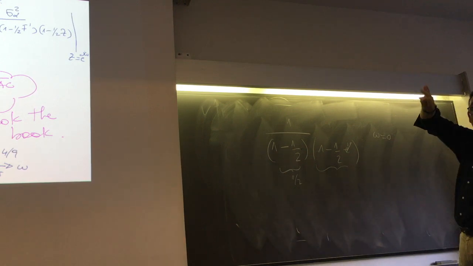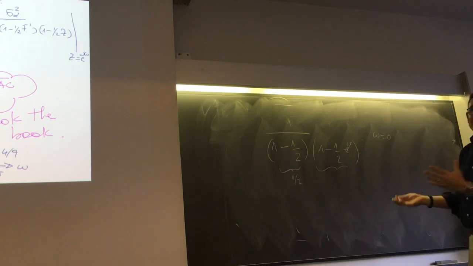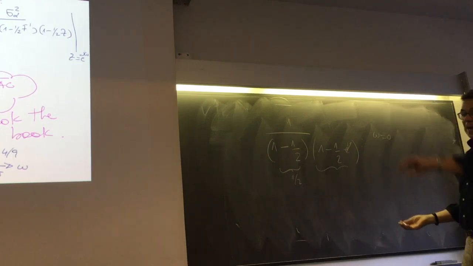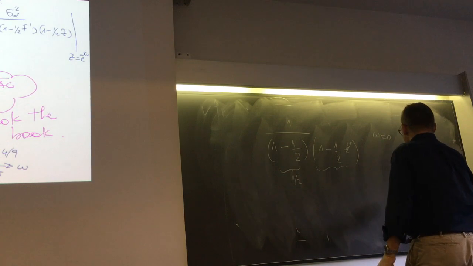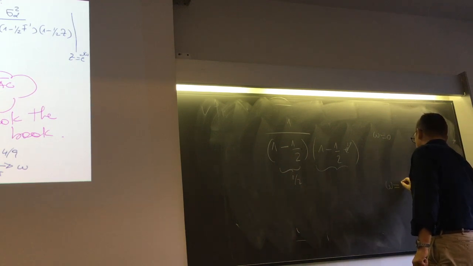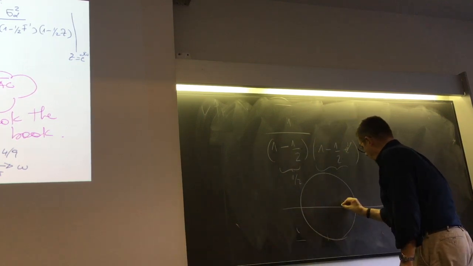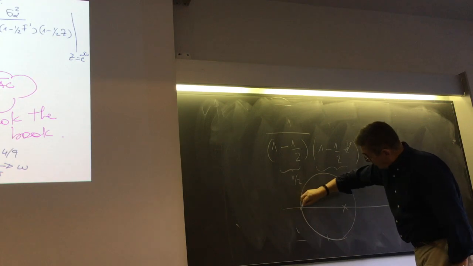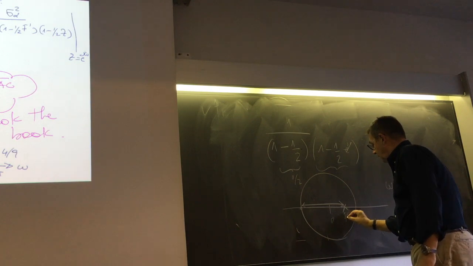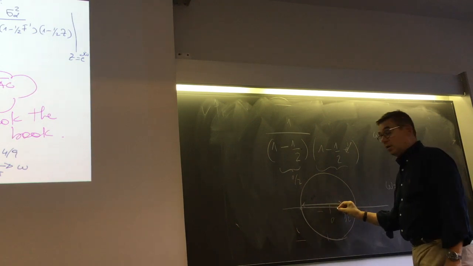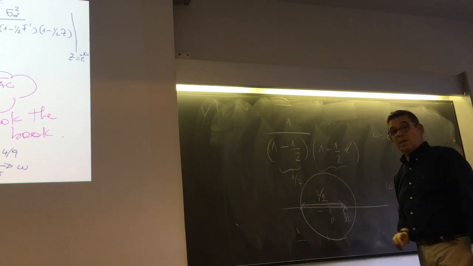Then I keep moving. The other point which is easy to compute is when omega is pi. And pi means it's there. So when omega is equal to pi, on the circle I have these roots, and the distance from here to there, this is 1/2, so it is 1 plus 1/2, which is 3 halves.